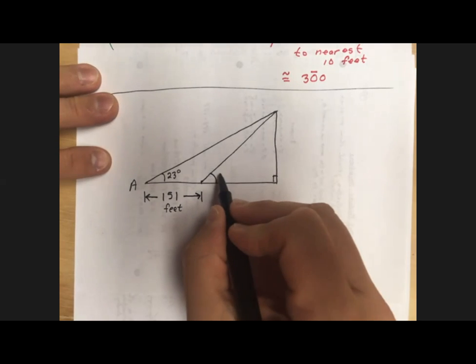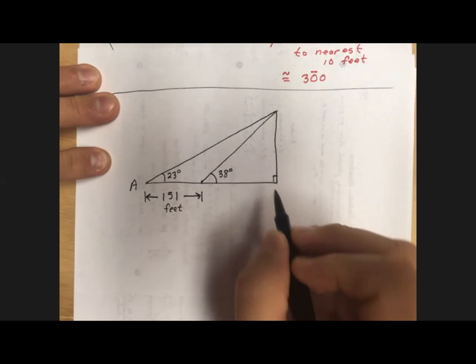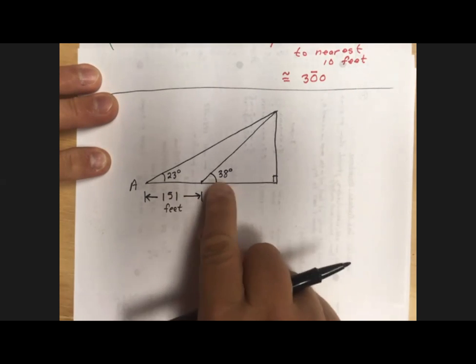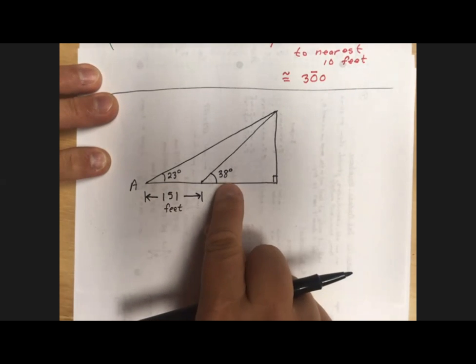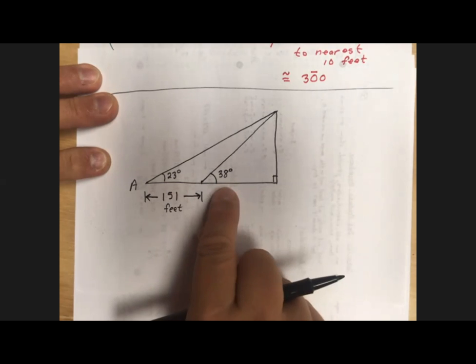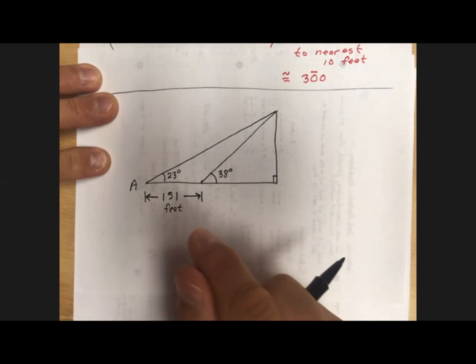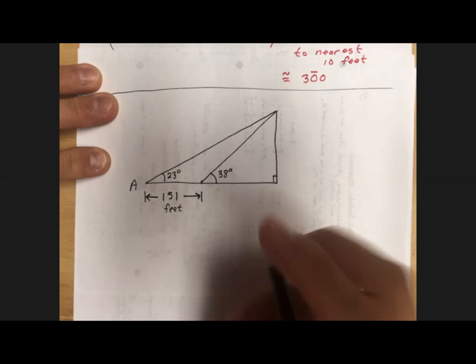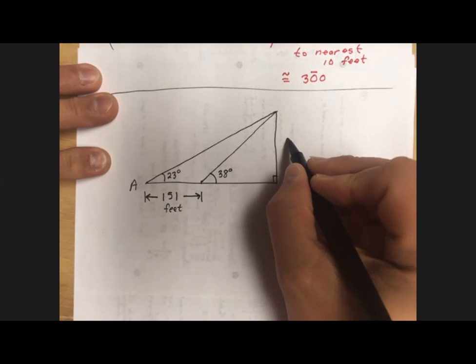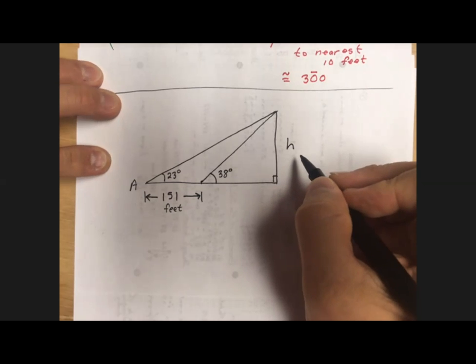Let's call it 38 degrees. I'm just picking reasonable numbers. I'm not saying that this is exactly 23 or exactly 38. I'm just saying, let's eyeball it. So with that information, here's an interesting challenge. Could I know how tall that building is?